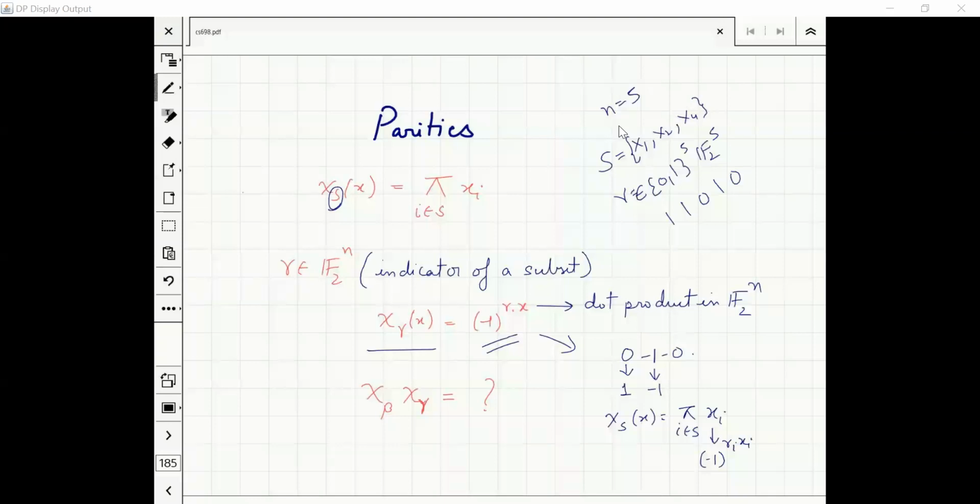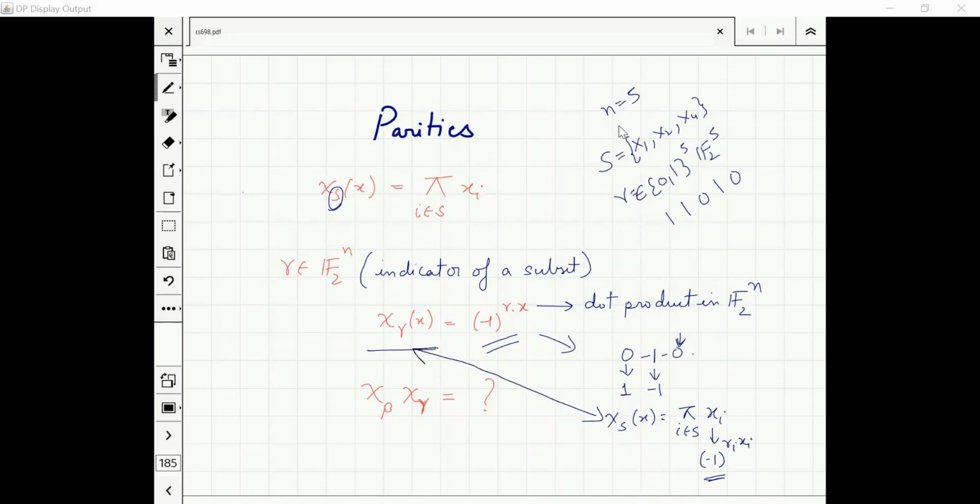Okay, so I will have a factor of -1 if and only if this particular entry in x is present in S and it is 1. Then only I will get a factor of -1. So these two are exactly the same thing.